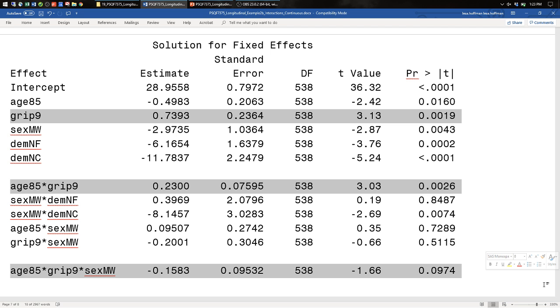Now let's come down to the two-way. What happens to the effect of grip in older people? Increases. The slope for grip is more positive by 0.23 per year of age.